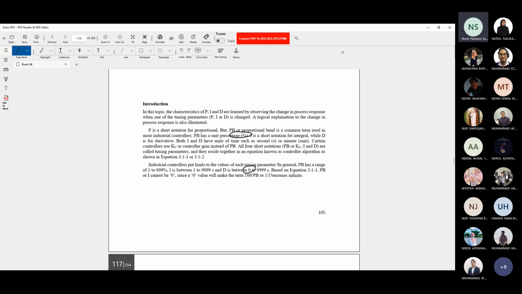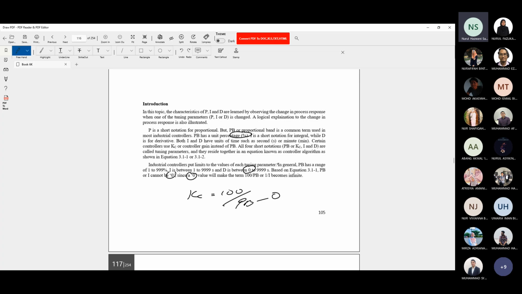So just to remind you, for the PB and I, we cannot have the value of PB and I equal to 0. Why? For PB, the formula is KC equals 100 over PB, right? So if the value of PB is equal to 0, we will get an infinity value for KC.